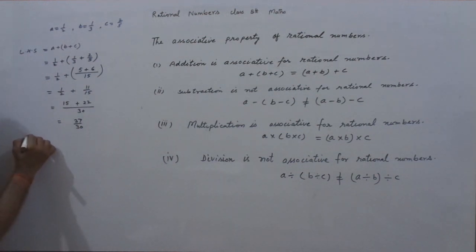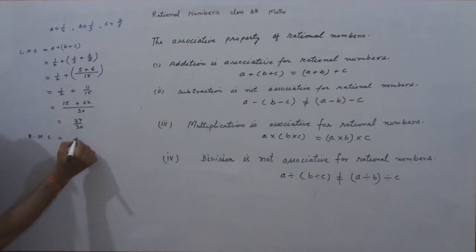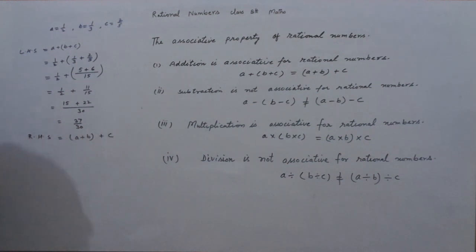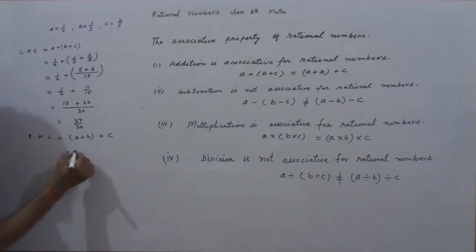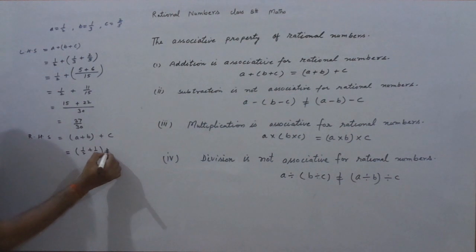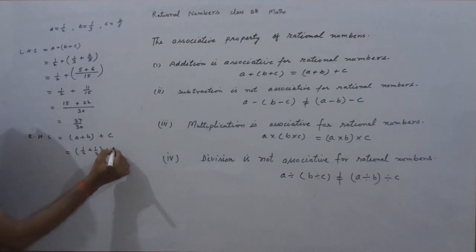Now, the right hand side, it will be (a + b) + c. So putting the values of a, b and c, we get (1 upon 2 + 1 upon 3) plus 2 upon 5.